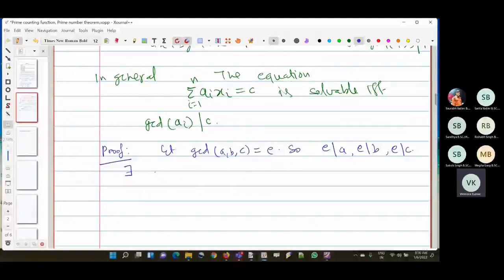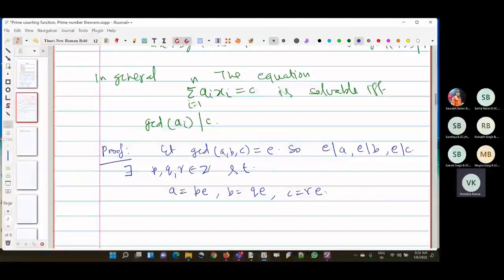So there exist integers p, q, r such that, because e divides a, e divides b, e divides c, we can write a equals pe and b equals qe and c equals re.